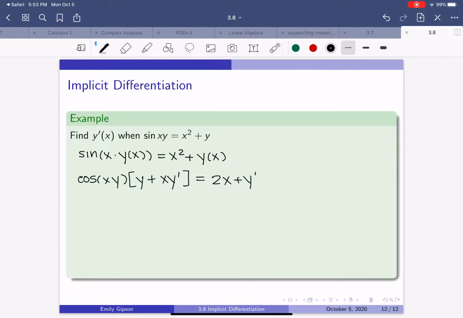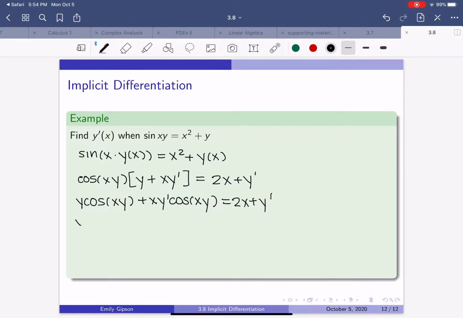So now I'm going to distribute on my left-hand side because I have y cosine xy plus xy prime cosine xy equals 2x plus y prime. And my goal is to isolate y prime. So I'm going to move everything with a y prime onto the left side of my equation and everything without a y prime to the right-hand side.